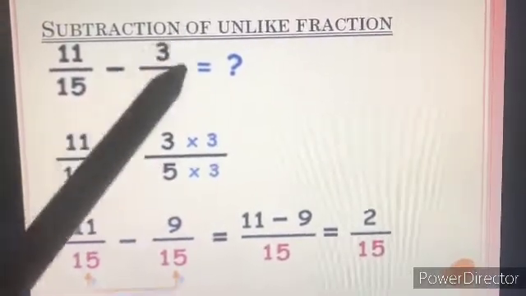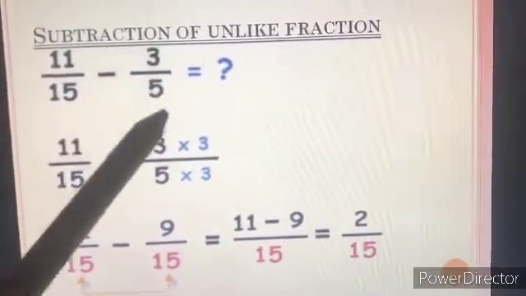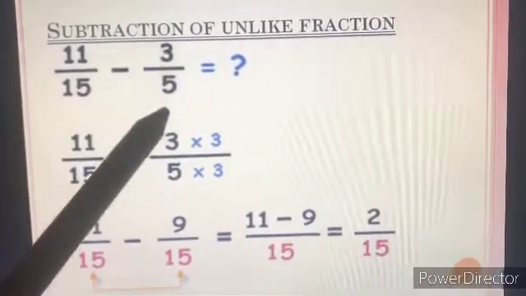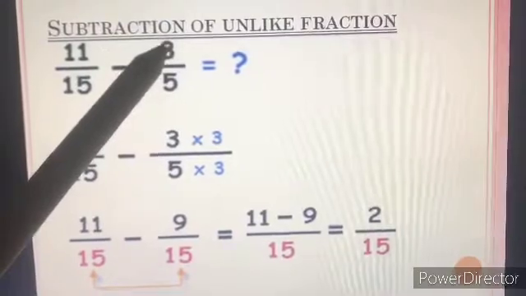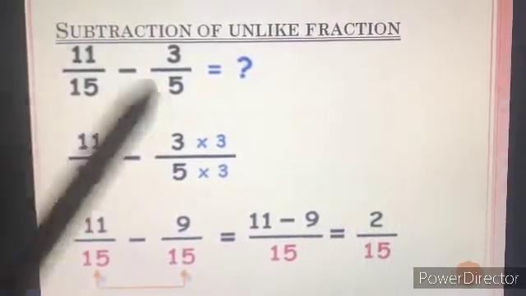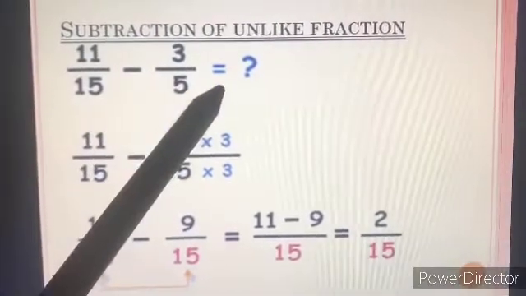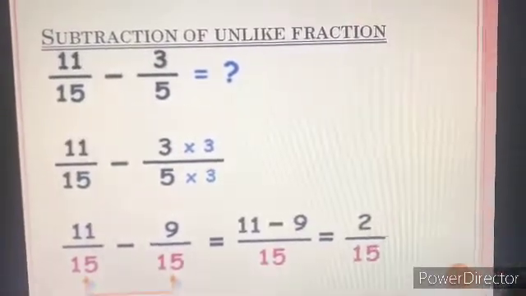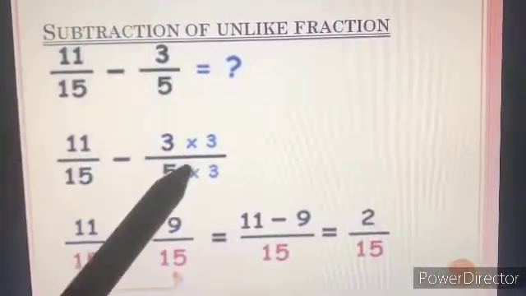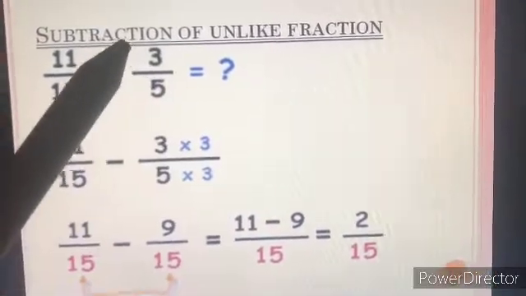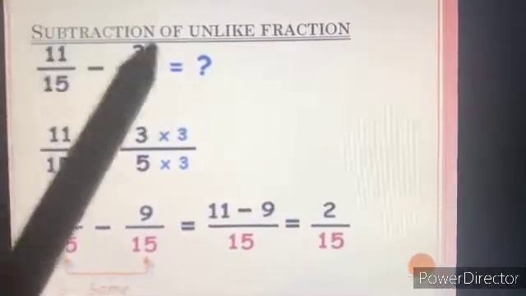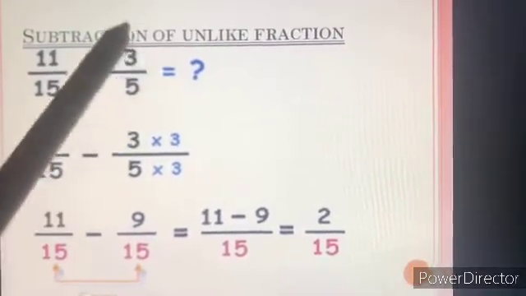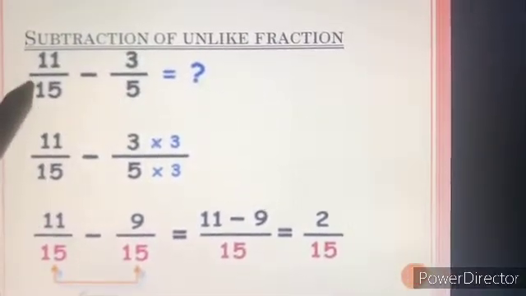Whenever I change any denominator, I will also multiply the numerator with the same digit. If I am multiplying 5 with 3, then whatever the numerator is here, I will multiply it with 3 also. So to get the common denominator, I am only changing this part. I am not changing this part.